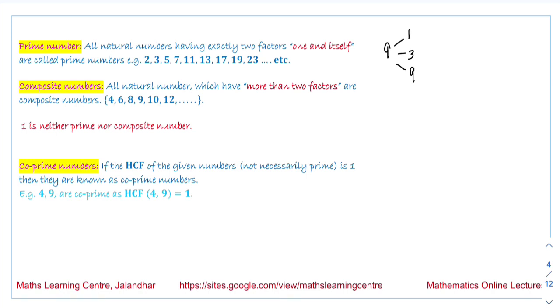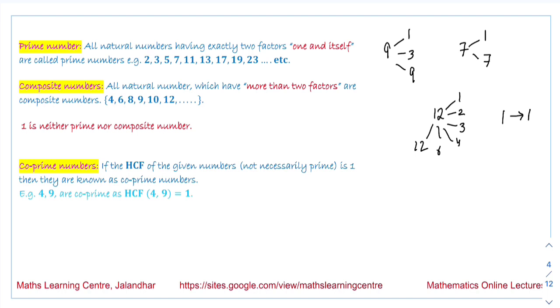For the number 7, its factors are 1 and 7. For the number 12, its factors are 1, 2, 3, 4, 6 and 12. Now for the number 1, its only factor is 1.